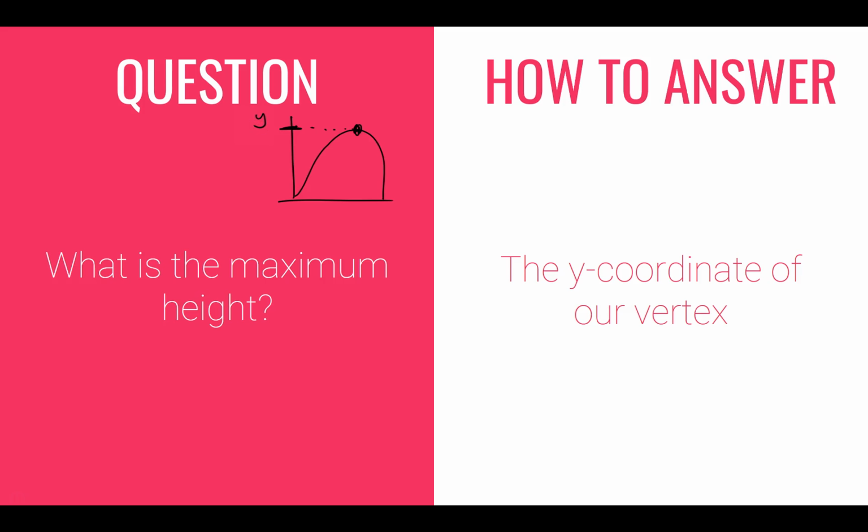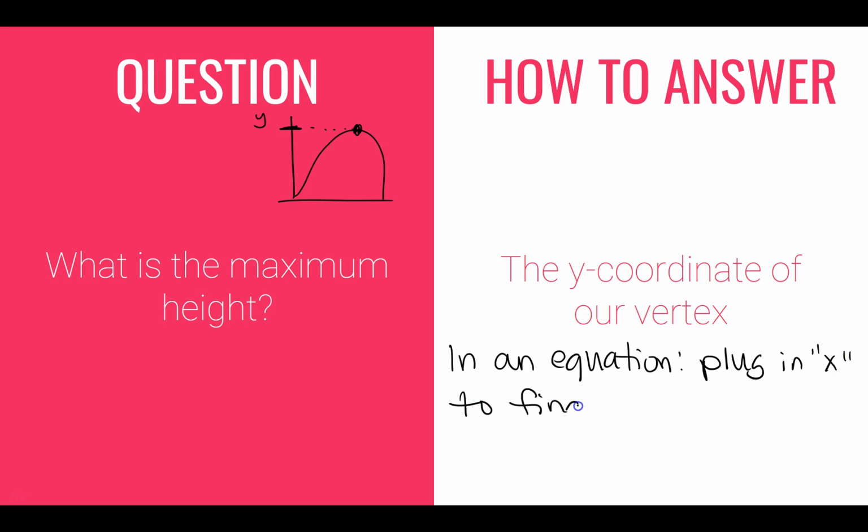In an equation, you're going to plug in X to find your Y. So you have to know the when first. So you have to do the opposite B over 2A to get your X value, and then you can plug that value into your equation.